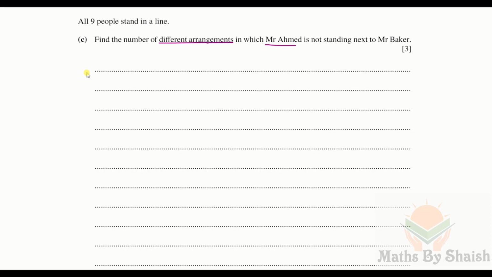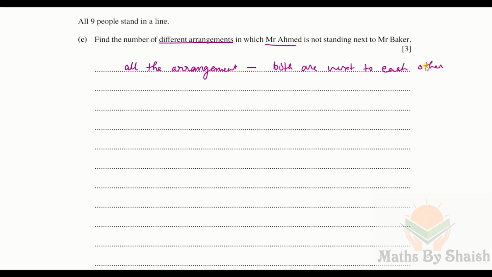When 2 people are not going to stand next to each other, first of all we'll find all the arrangements, and then we'll subtract the arrangements when both of them are next to each other. This is the best way to calculate this.